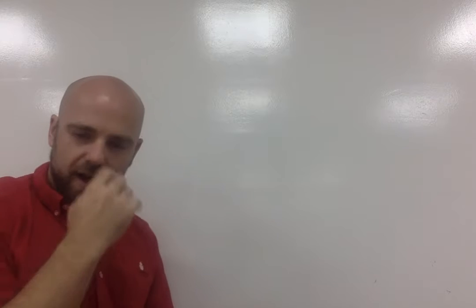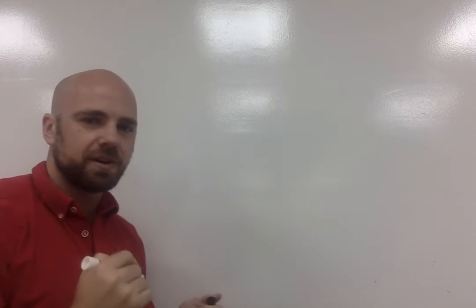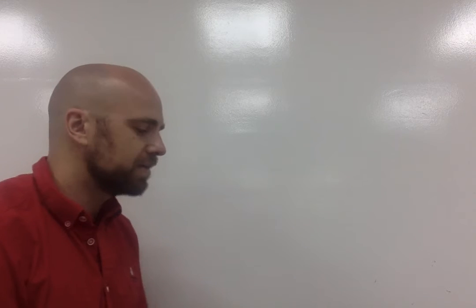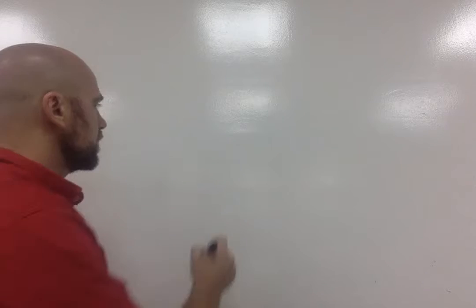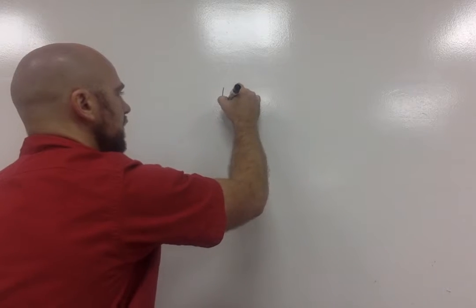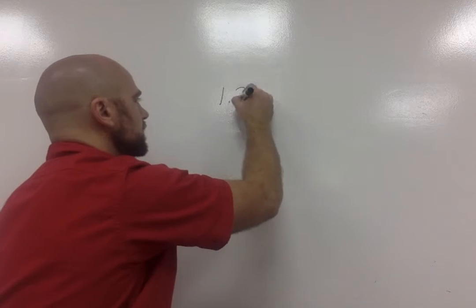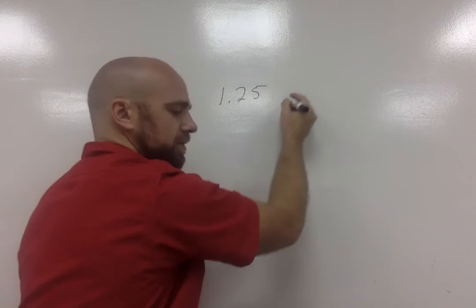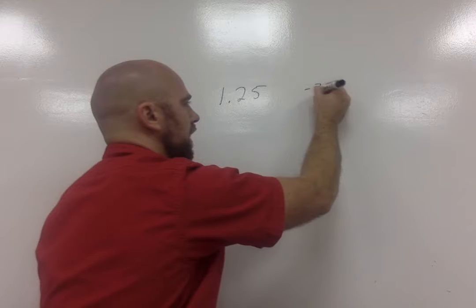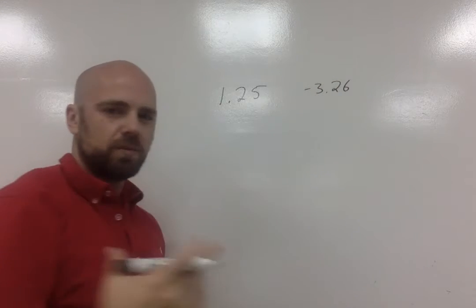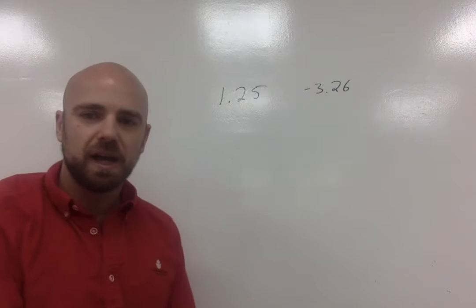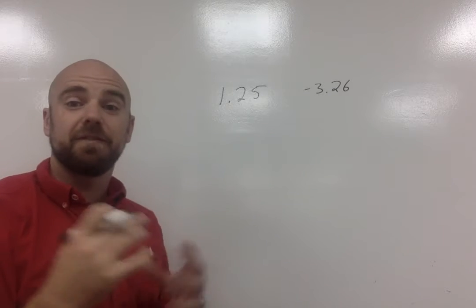For a couple examples that we're going to go through, and feel free to pause the video so that you can practice this as well, I'm going to give you some numbers, and what I want you to do is come up with one to three possible rational numbers that can fit in between these.